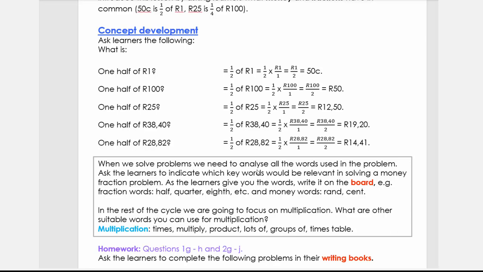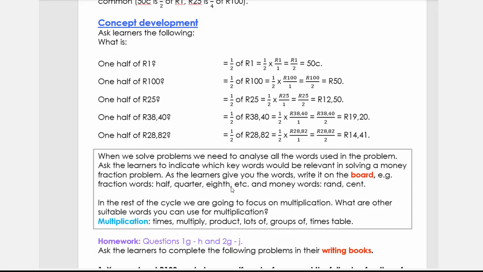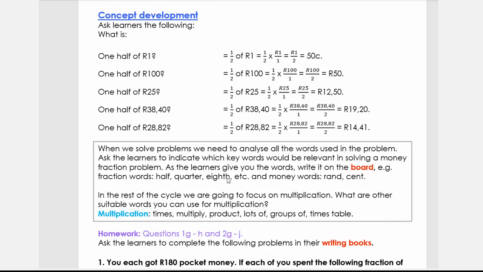So we want to identify those in a problem. And then we're going to look at multiplication. So in this lesson, we focus on multiplication. The first word that we learned is "of", but it can be times, multiply, product, lots of, groups of, times tables. So we need to know those words in order to solve problems.